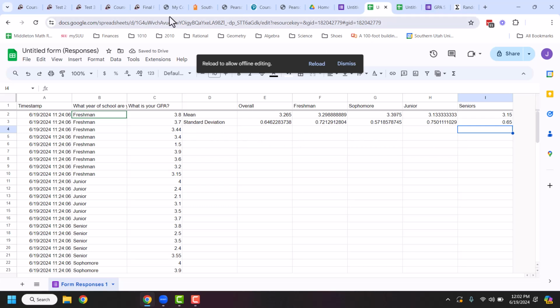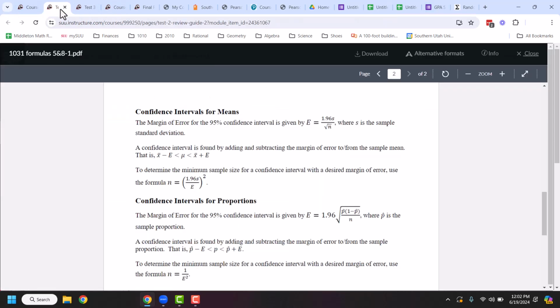And then in order to find the confidence interval, I'm just going to use this formula to find the error. So I'm going to do 1.96 times S, where S is the sample standard deviation, divided by the square root of n, which is the sample size.